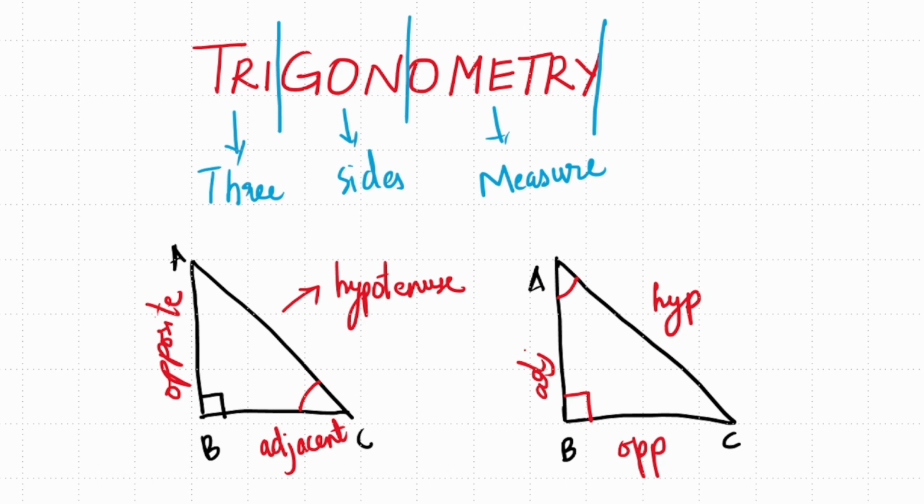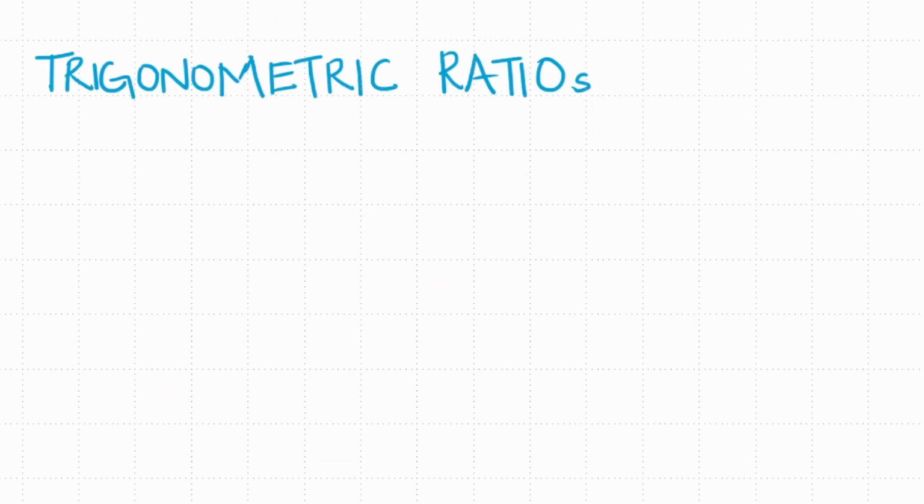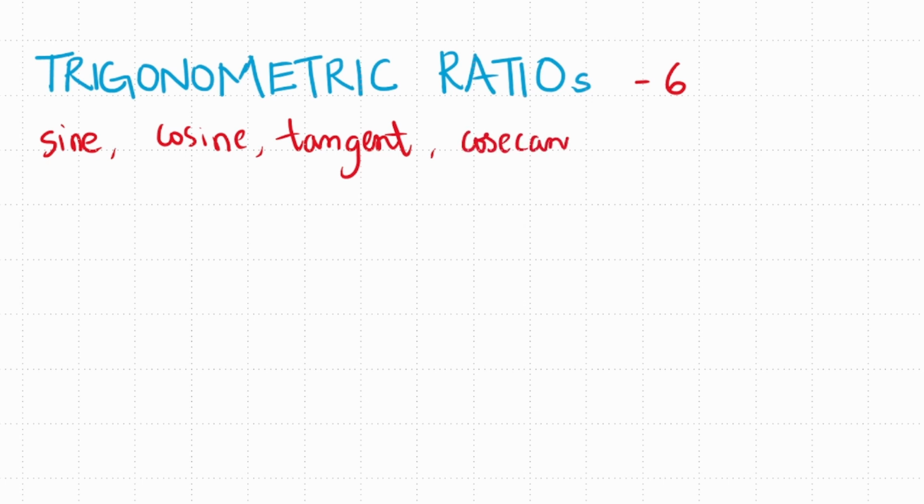Now let us learn the trigonometric ratios. You have 6 ratios: sine, cosine, tangent, cosecant, secant, and cotangent.